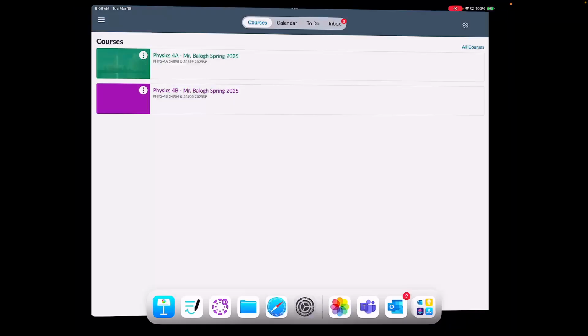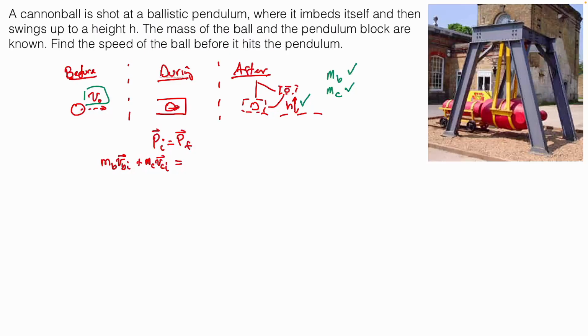So I could write this as mass of the ball plus mass of the catcher, since the ball has embedded itself in the catcher. They're acting as a single mass together, times however fast this thing is going. I'll call it V final. But notice if I kept it separate, it would be mass of ball times V ball final plus mass of catcher times V catcher final.